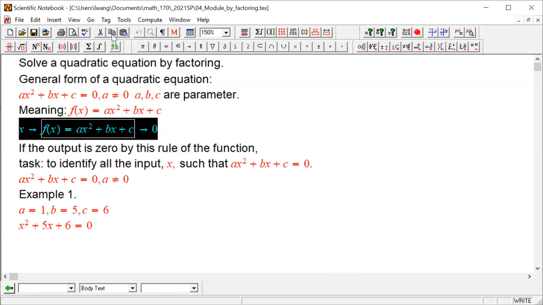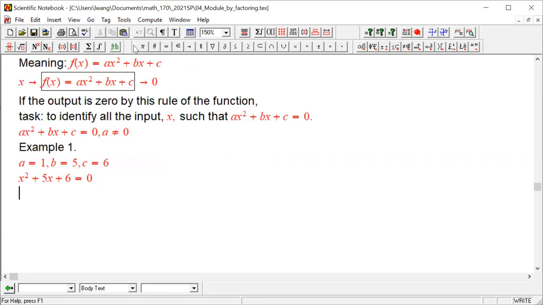Once again, the same scenario, right? If the output is 0, and of course this is the rule of the function, and we want the output to be 0. We don't know the input. We don't know what input will make the output equal 0, but we're going to identify them. So we end up with this equation.